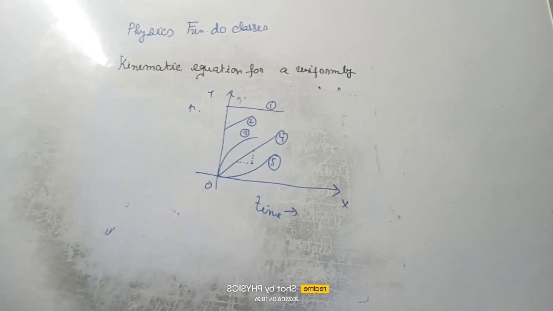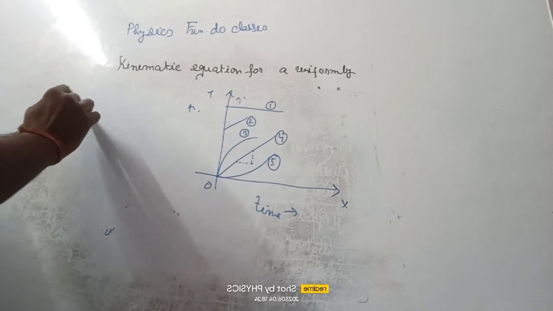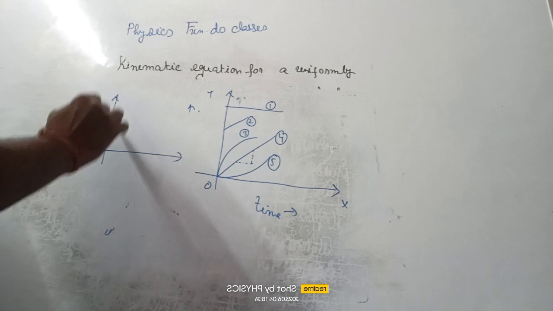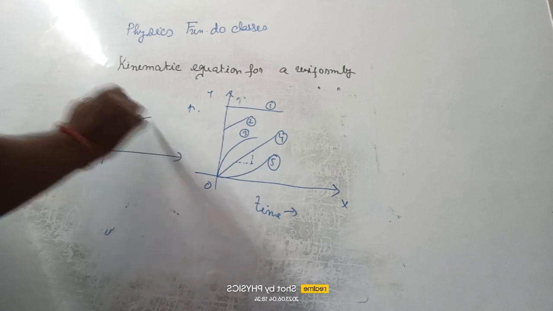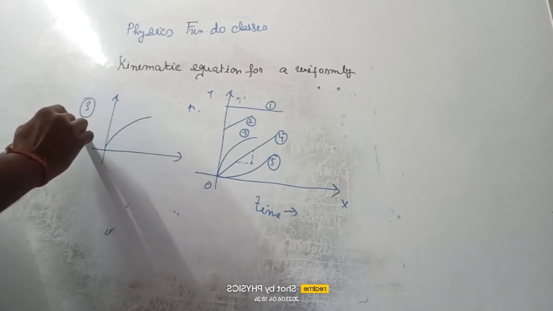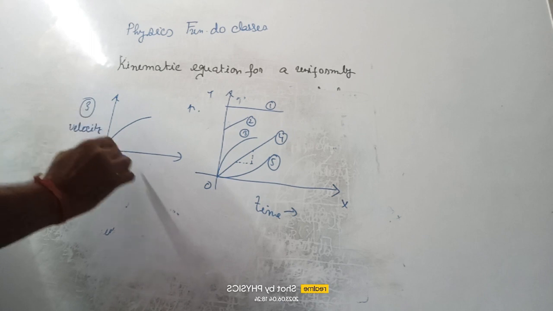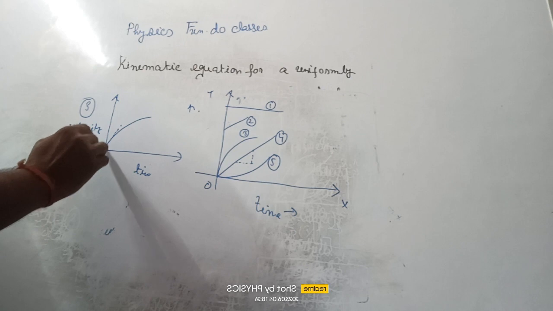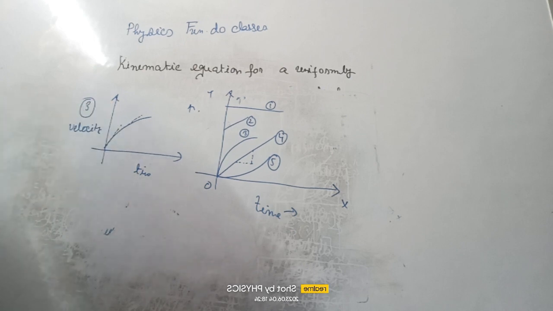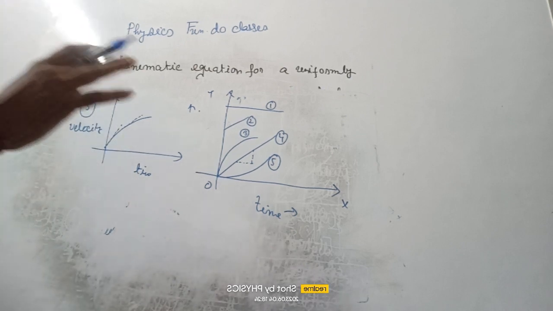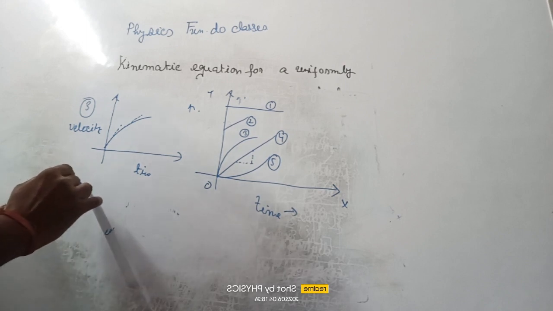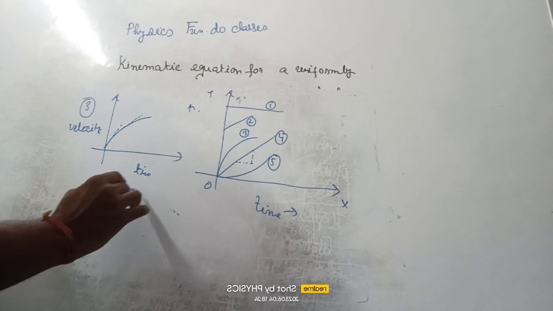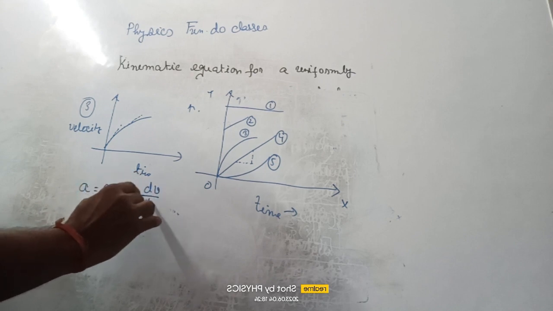Now let's move to the third graph. For the third graph, this is the velocity, this is time. The slope of that graph is continuously decreasing. So slope is acceleration. A equals tan theta equals dv by dt.